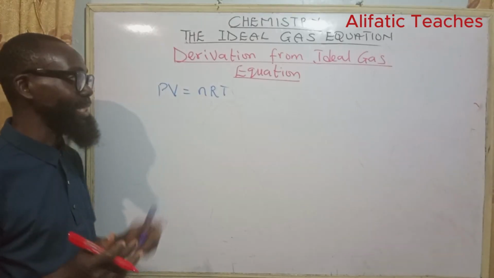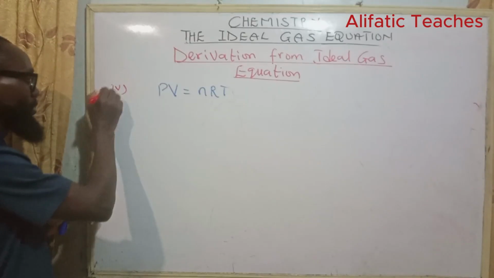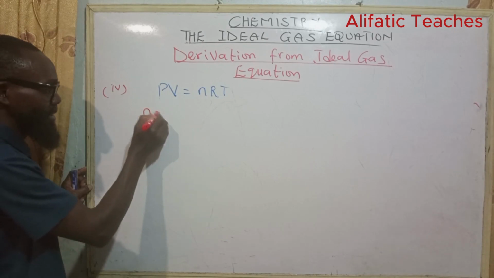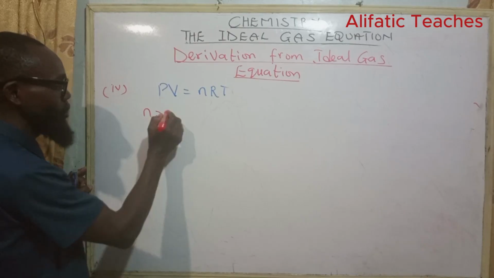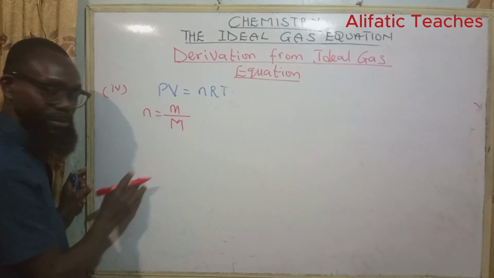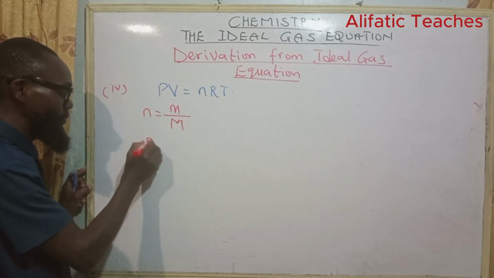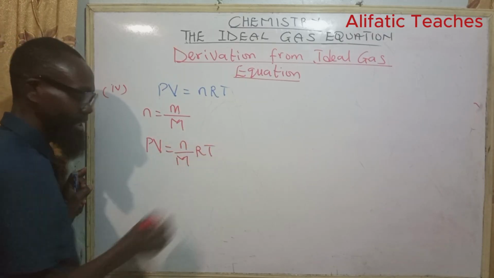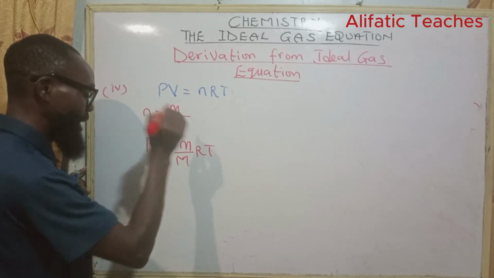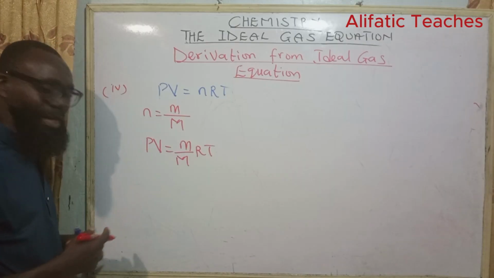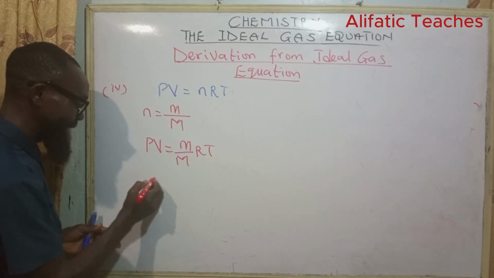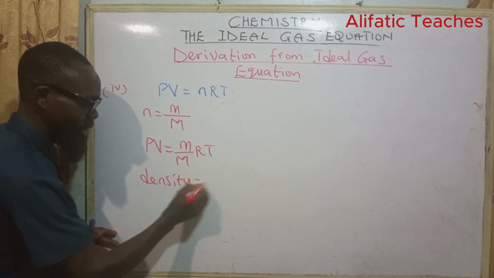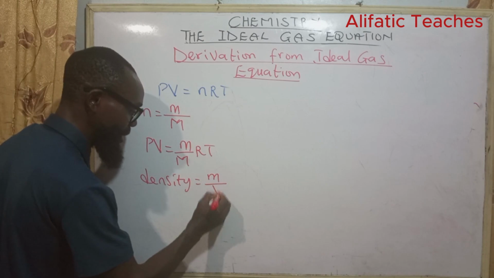Finally, on the derivation from this ideal gas equation, PV is equal to nRT. If you could recall, from our stoichiometry, n is equal to mass over what? Molar mass. So from here, PV will now equal mass over molar mass, then RT. Now, that is mass over molar mass. Also, from our physics, density is equal to mass per unit volume.